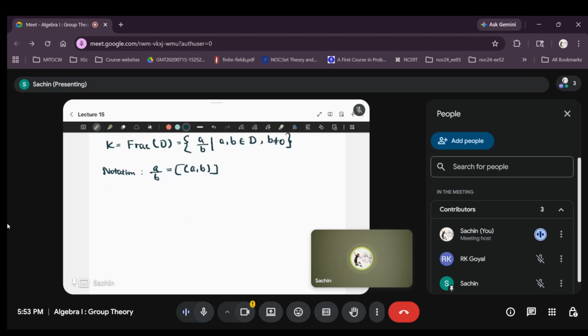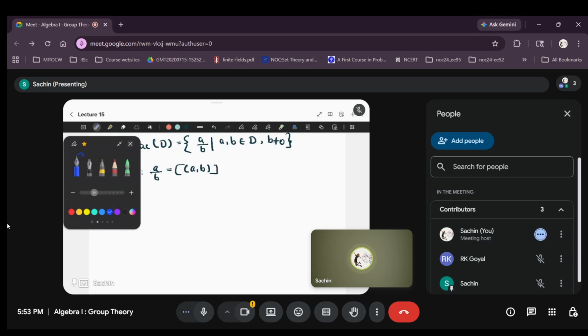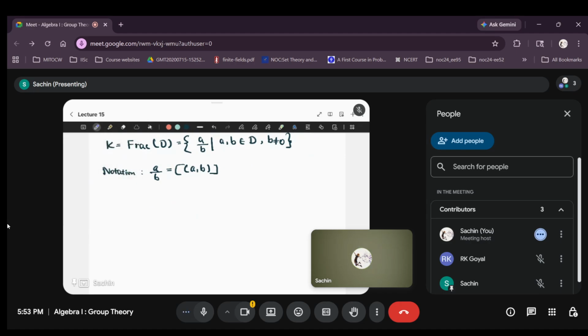Now what we have to do is, the next lemma, we'll define the addition. Let D be an integral domain.